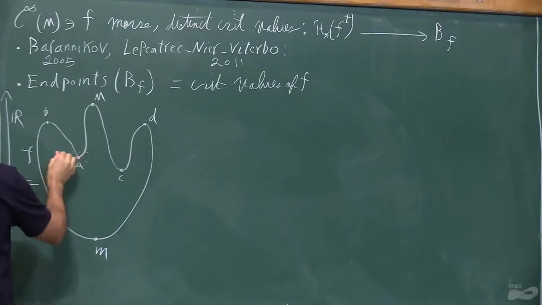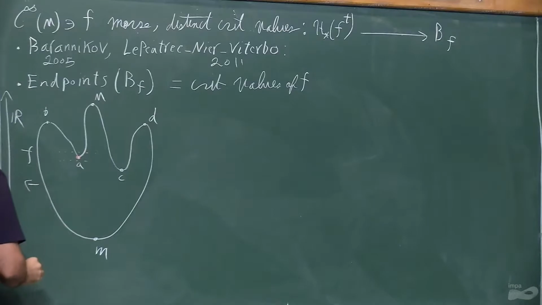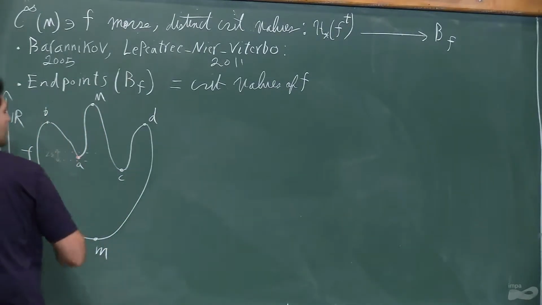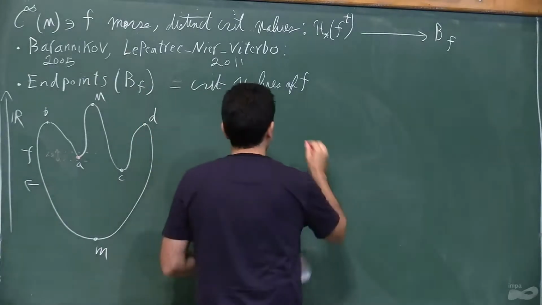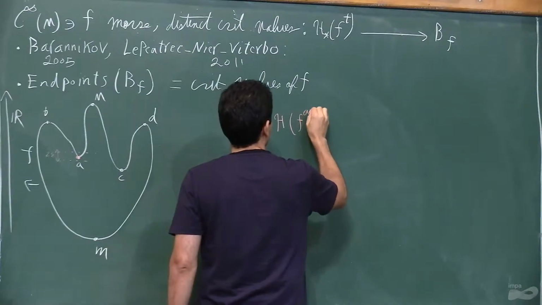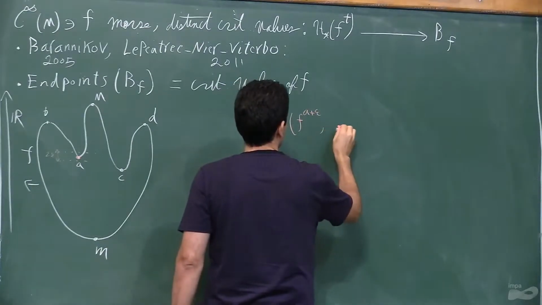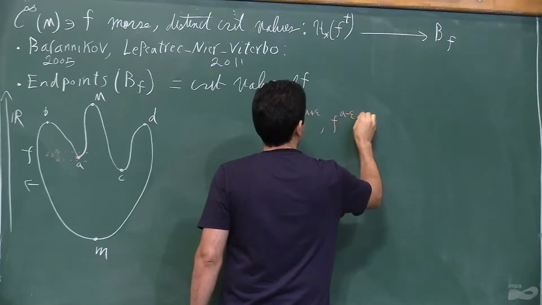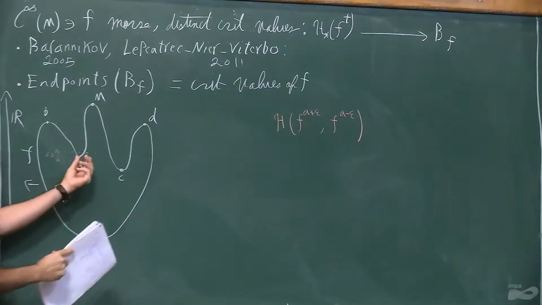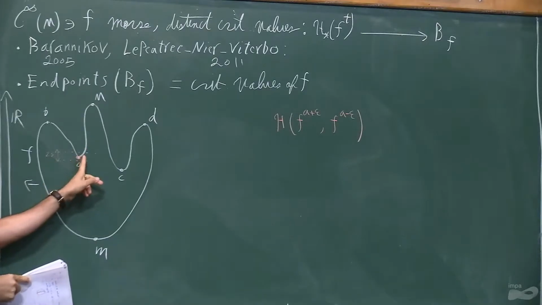Say this is a window of length 2 epsilon. So I'm looking at this homology group, and at this point there's just one value here, so this is just Z2.